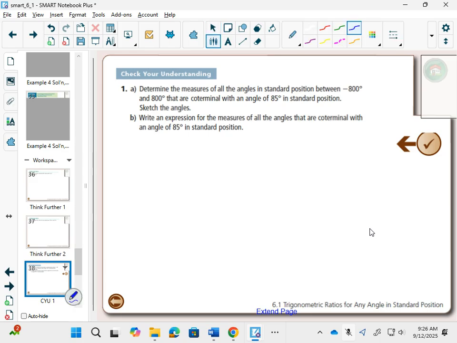Part A. Determine the measures of all the angles in standard position between negative 800 and 800 coterminal with 85. So I'm going to draw 85 right here. There's 85 degrees.